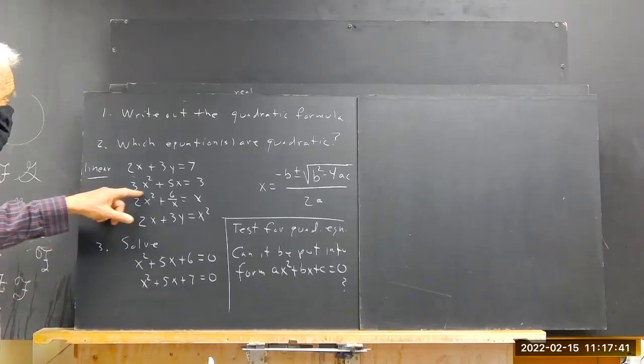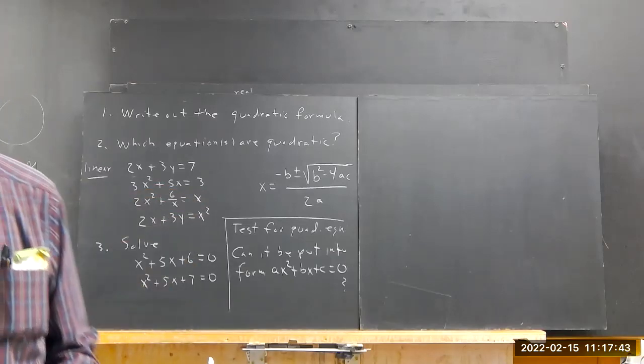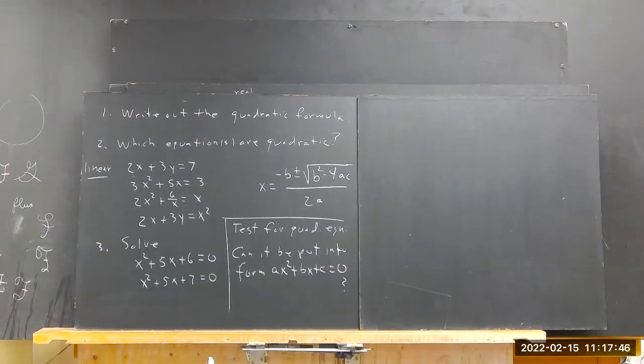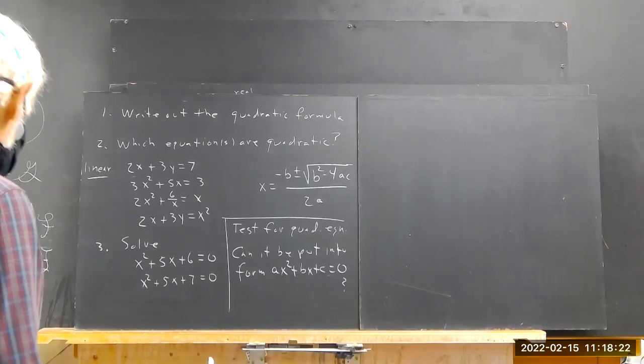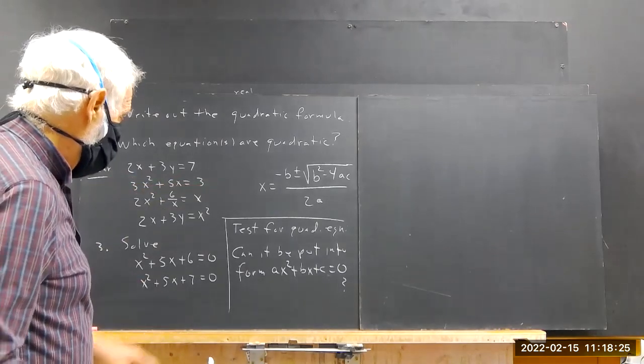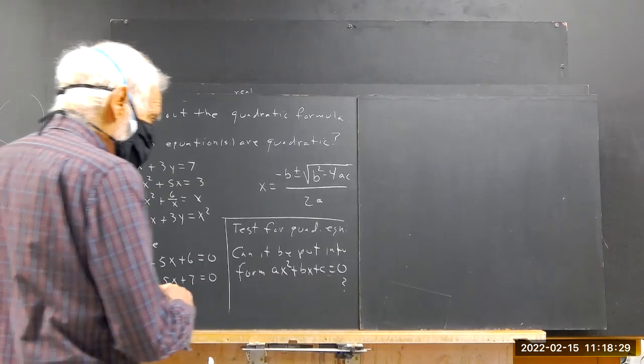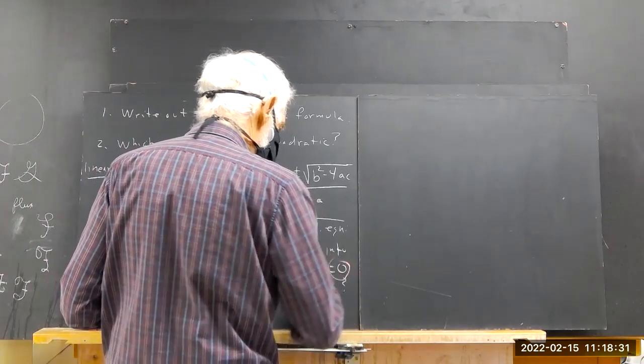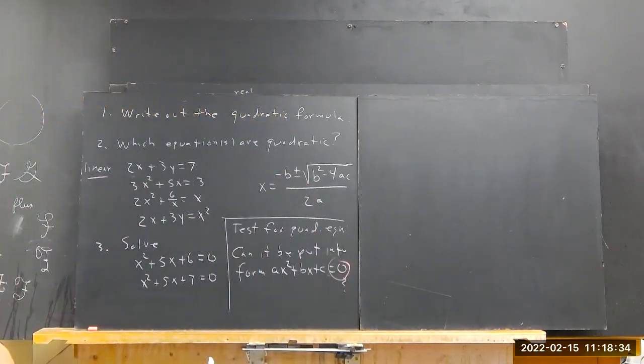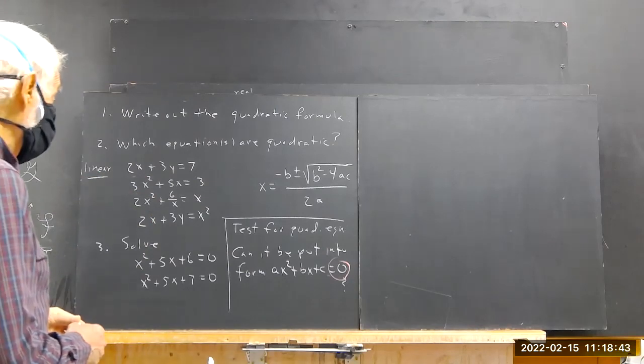Well, how would you put this into the form of a quadratic? I'm going to pause the video for a second, see if you can answer that. Okay, well, the key to the question is, what's unique about this form? And what's unique about this form is it has that equal to 0 there, right? And this doesn't have equal to 0, but if we subtract 3 from both sides, we can set this equal to 0.